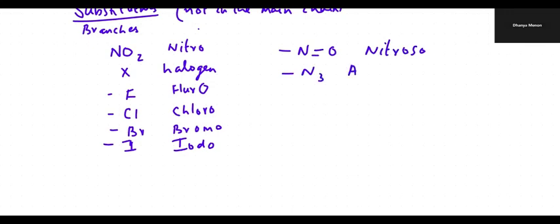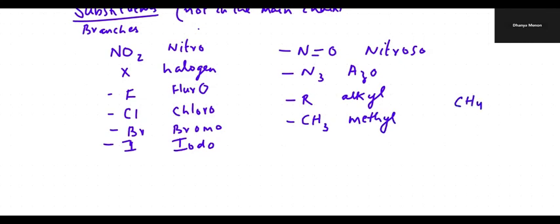If it is R, we generally call it alkyl. Alkyl can be, if it is CH3, it is methyl. Methane is CH4, so removing one hydrogen gives methyl. Then ethyl, C2H5, is ethyl.